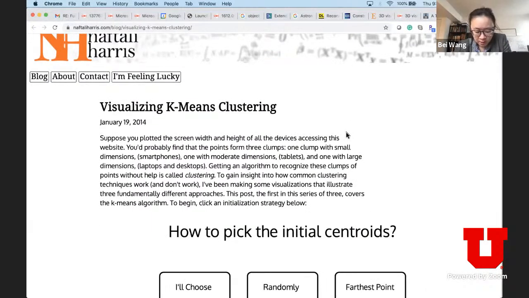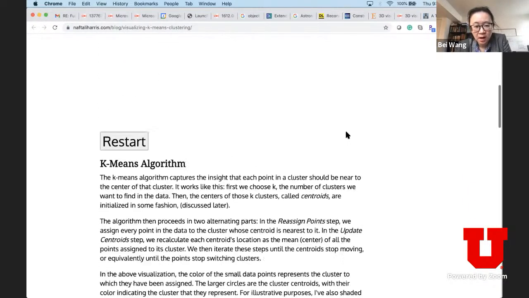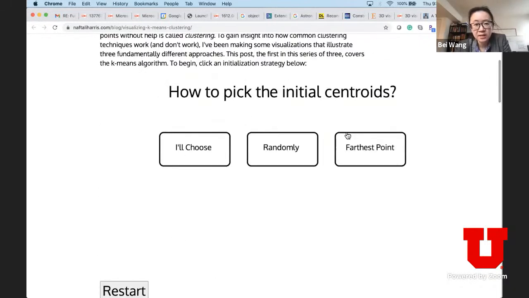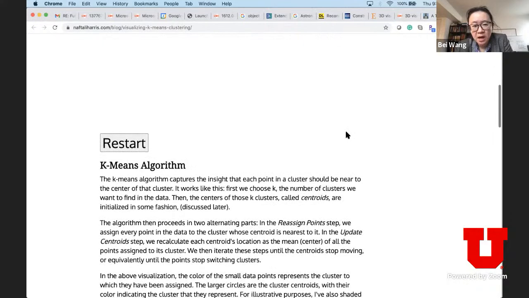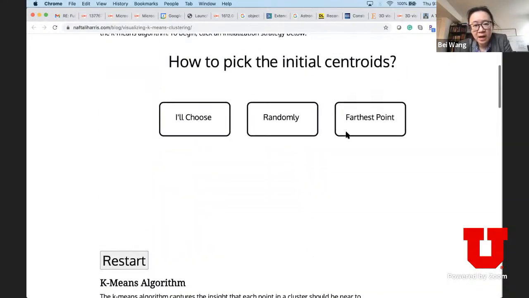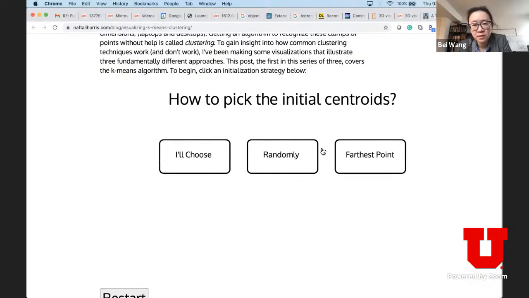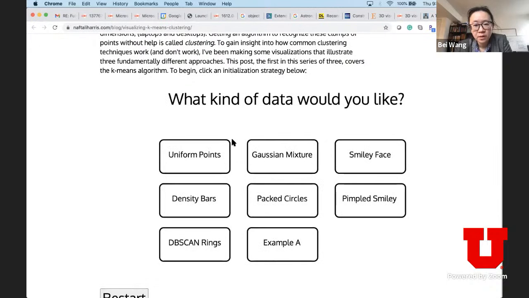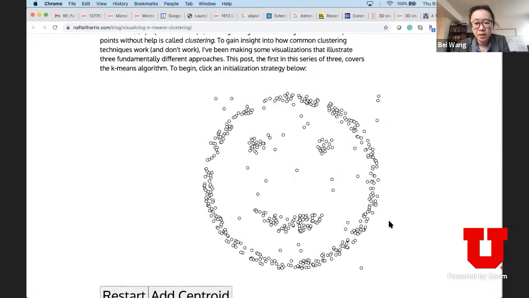All right. So K-means clustering has this interesting thing. What is the idea of K-means clustering? This is a nice visualization of it. Basically, you have a bunch of points, and in this case I'm going to have the smiley face as my data.